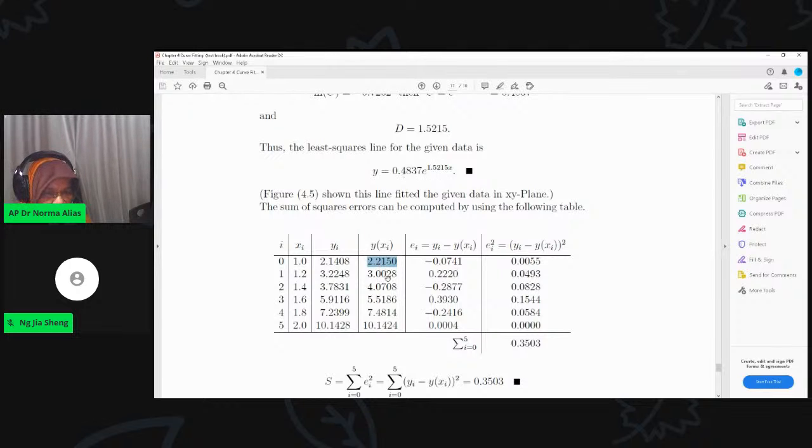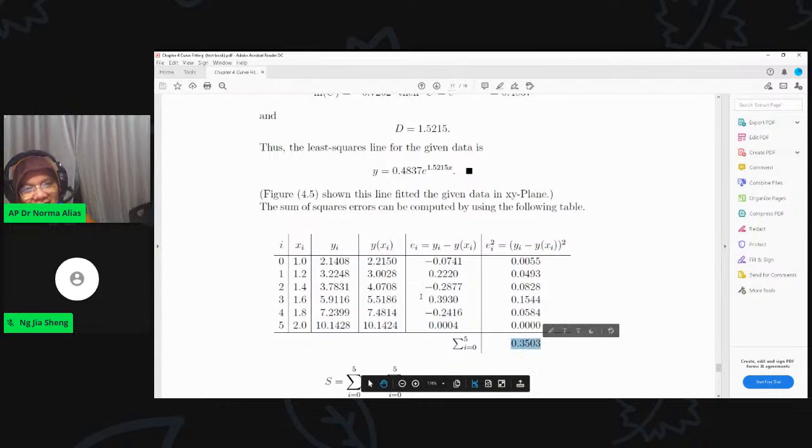You need to find all the values and then get the error, which is a subtraction between the data and the nonlinear model y equals c exponent dx. So this is the answer. 0.3503 is very big, so you need another method to make it small. Maybe you need to transform to the quadratic, for example.